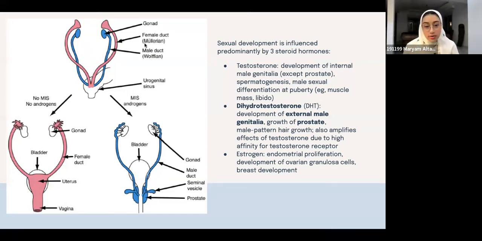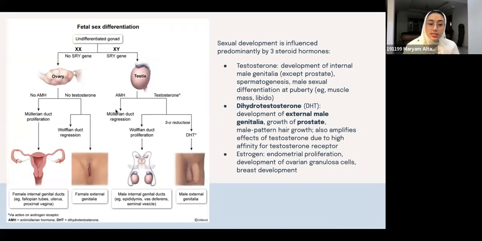Anti means against, Müllerian is referring to this Müllerian duct, and it's a hormone. So when this hormone is produced, this is going to cancel out. You're not going to have any of the pink. Instead, your Wolffian ducts are going to remain, and then that's going to lead to the formation of your gonads, your male ducts, your seminal vesicle, your prostate, everything. And then you have your Müllerian duct in your female. What happens instead?